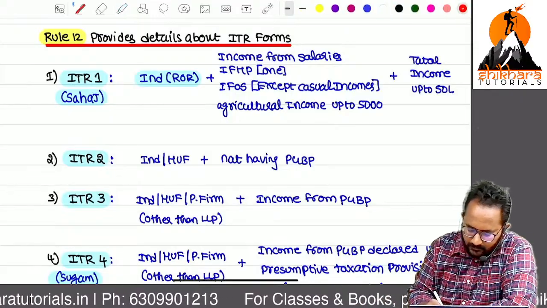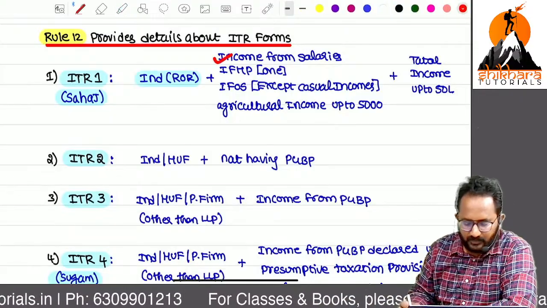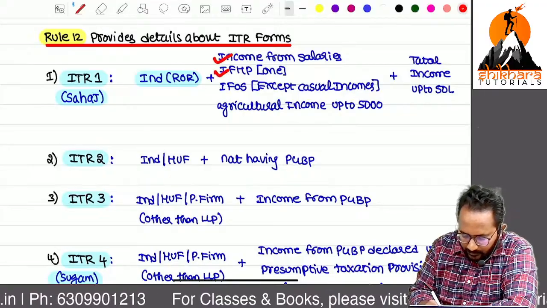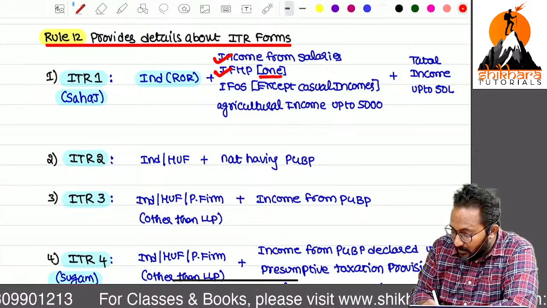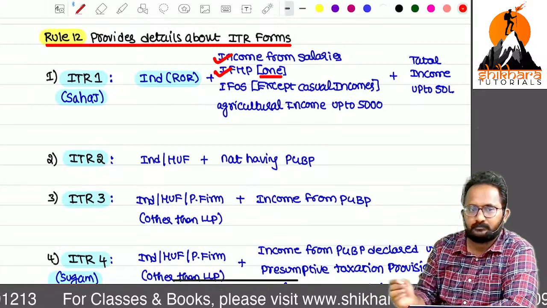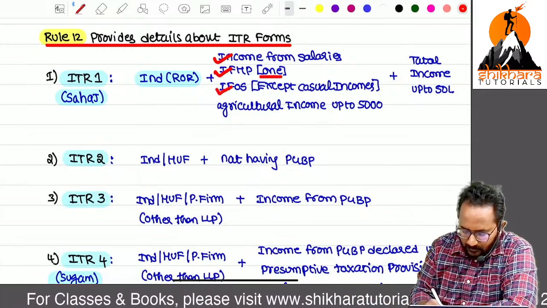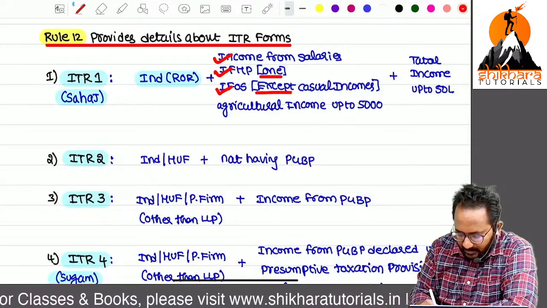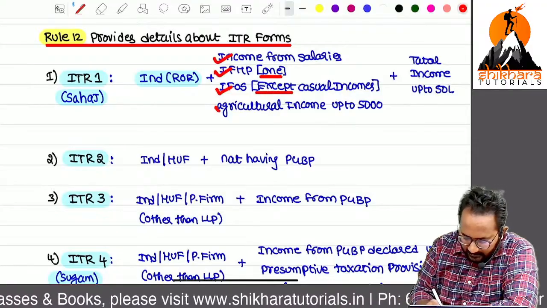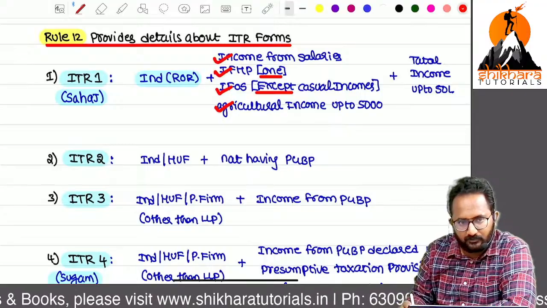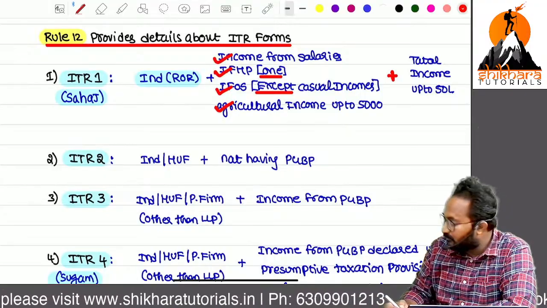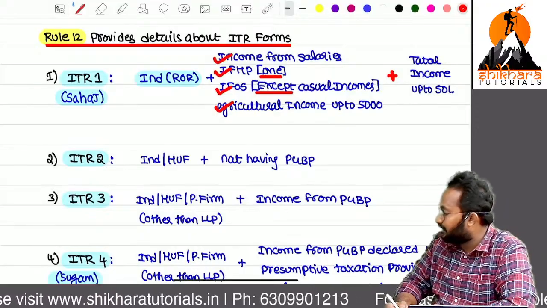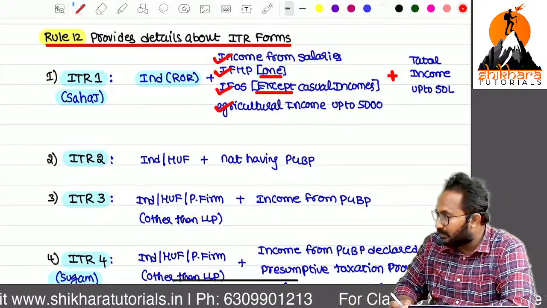And if that person has income from salaries, income from house property, but remember within the bracket, one house property, income from other sources except what incomes, ma'am? Casual incomes, agricultural income up to how much, ma'am? 5,000. All together your total income up to how much, ma'am? 50 lakh. Then you can file the return of income with the ITR 1 form.